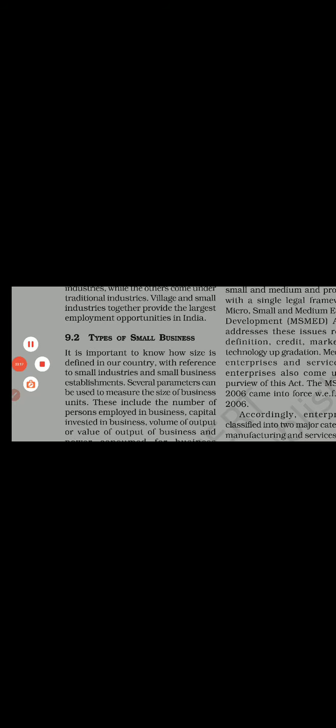Now we are going to see the basic difference between a small scale industry and a large scale industry, or how we are going to distinguish between them. So now we are moving forward with types of small scale industry.